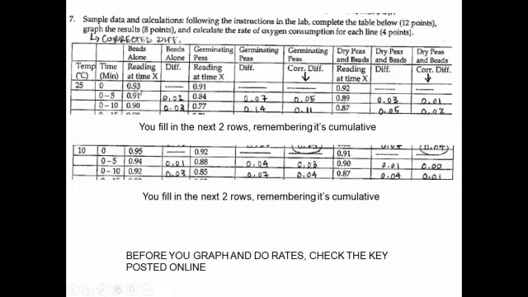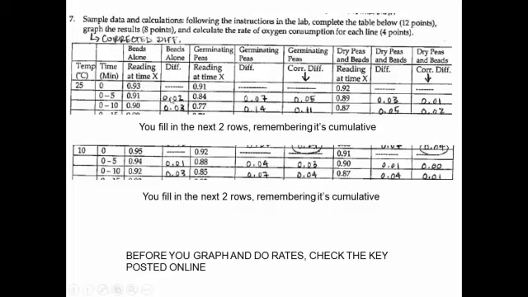And so if it says 0.93 at time 0, and it moves to 0.91, and it's going backwards, which is just the way that we're going to be reading it. But if it moves to 0.91 at 5 minutes, then there's been a difference of 0.02 mils. And that is literally just taking this number, subtracting it from this number.